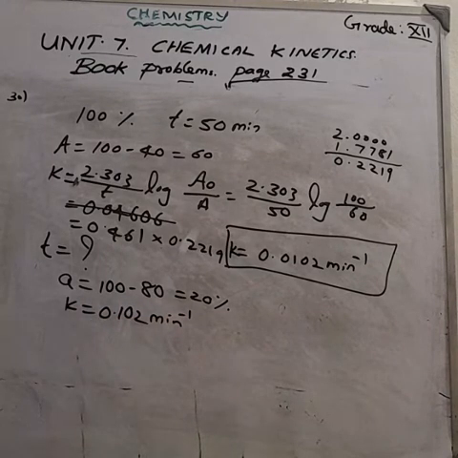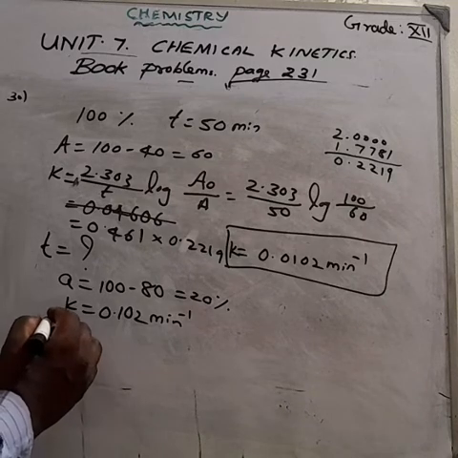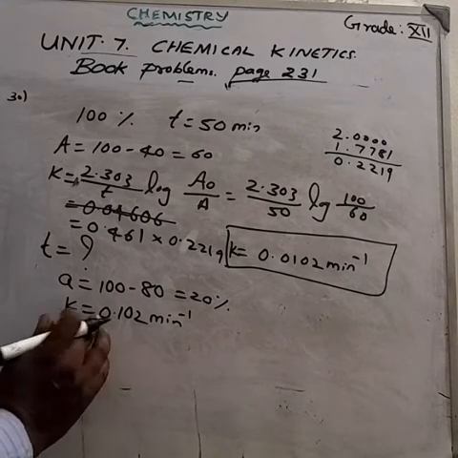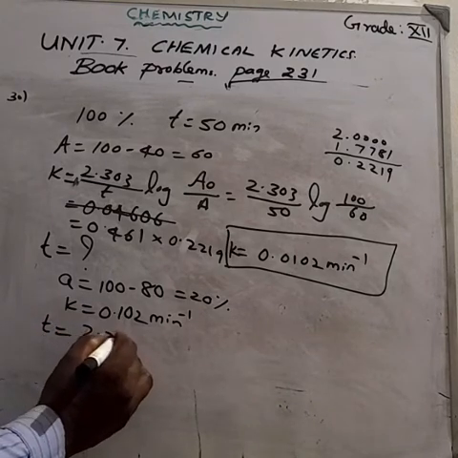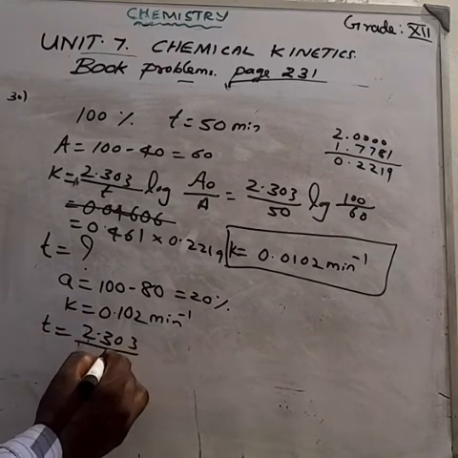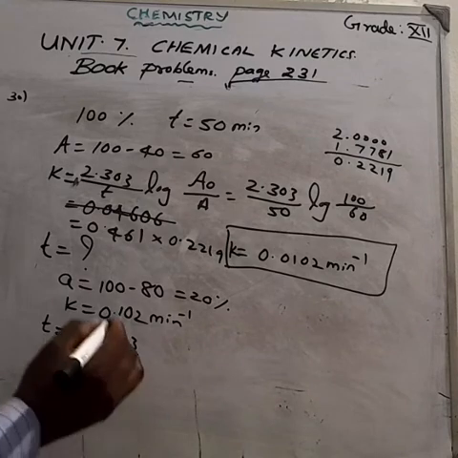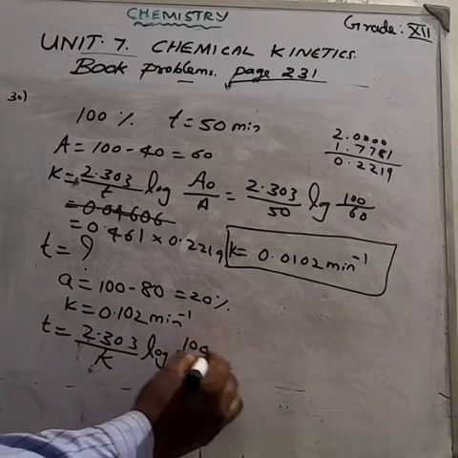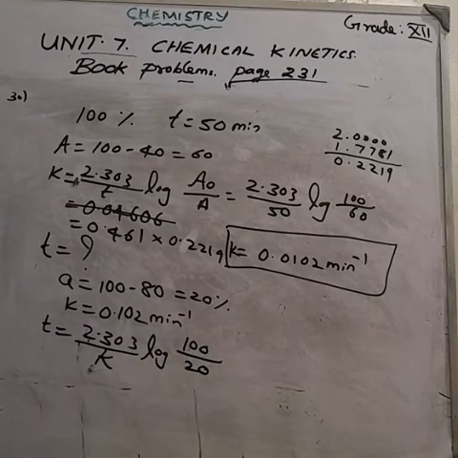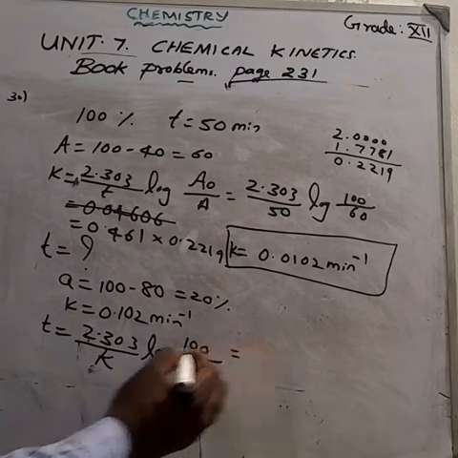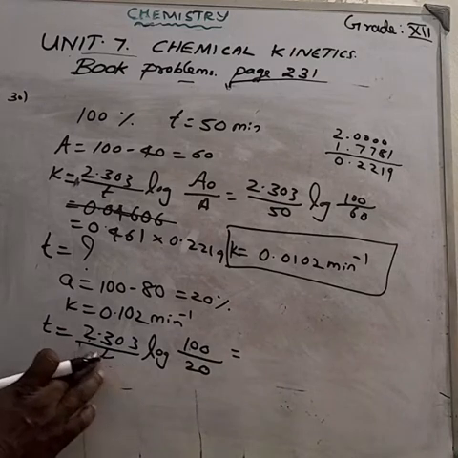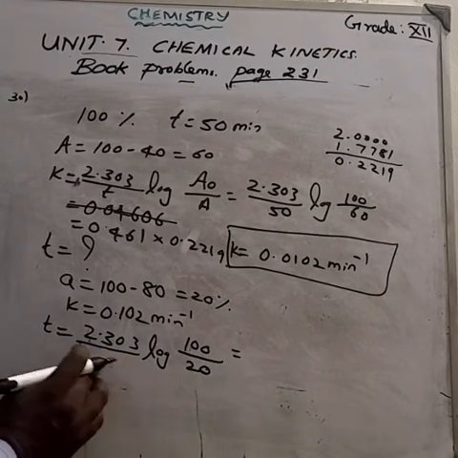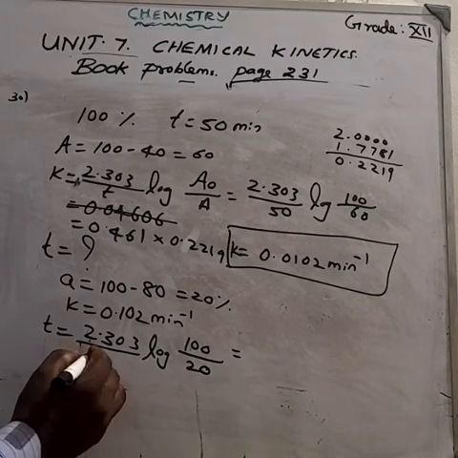So T is equal to, I am changing the formula here. What is the formula? T is equal to 2.303 divided by K log 100 divided by 20. So what's the value of T? Just I am dividing here, 2.303 divided by 0.0102.